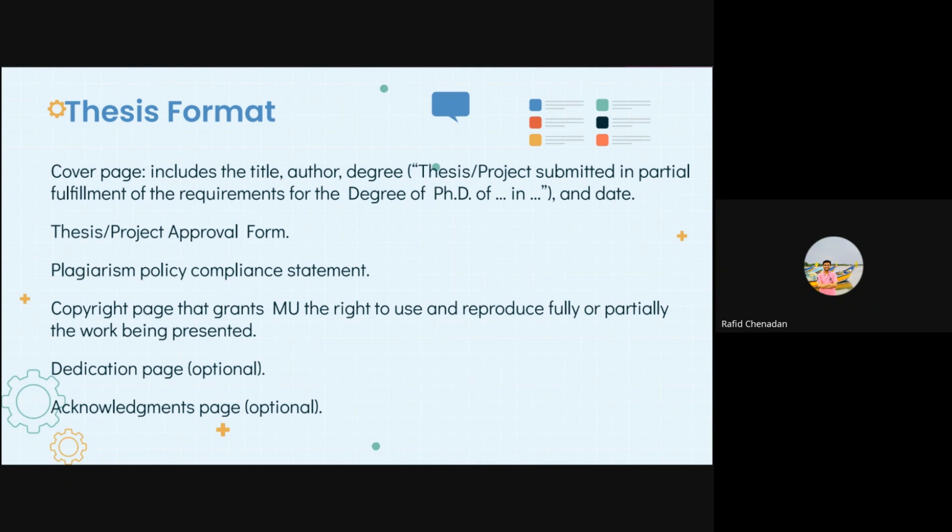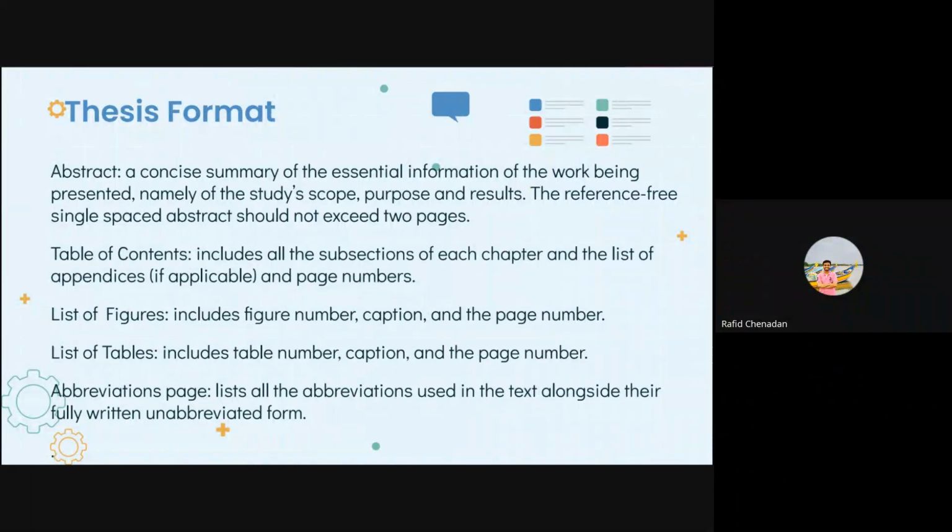And yes, copyright page, dedication page, and acknowledgement page are optional. You can say I dedicate my thesis to whoever, and you can acknowledge all my friends. It's a place where you mention the names of people who have helped in the research. And then there is an abstract.